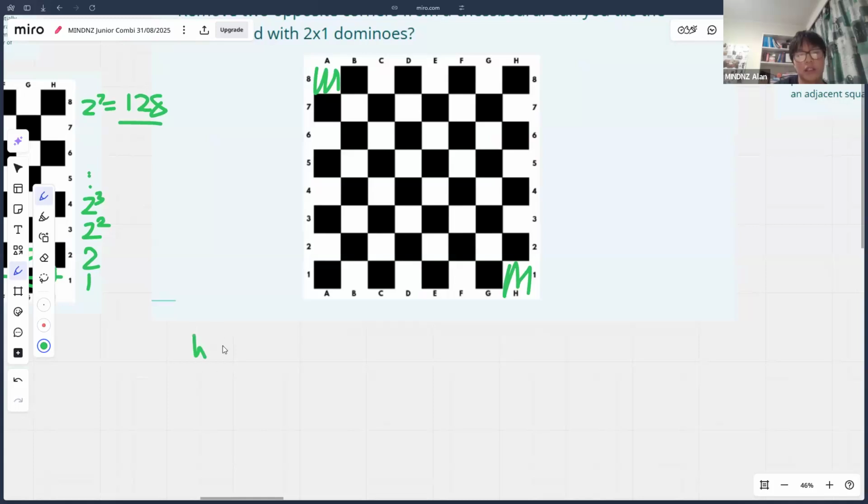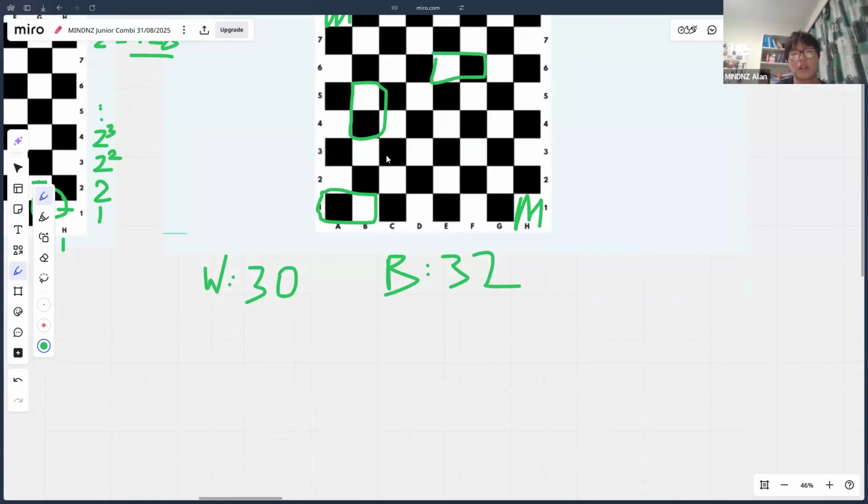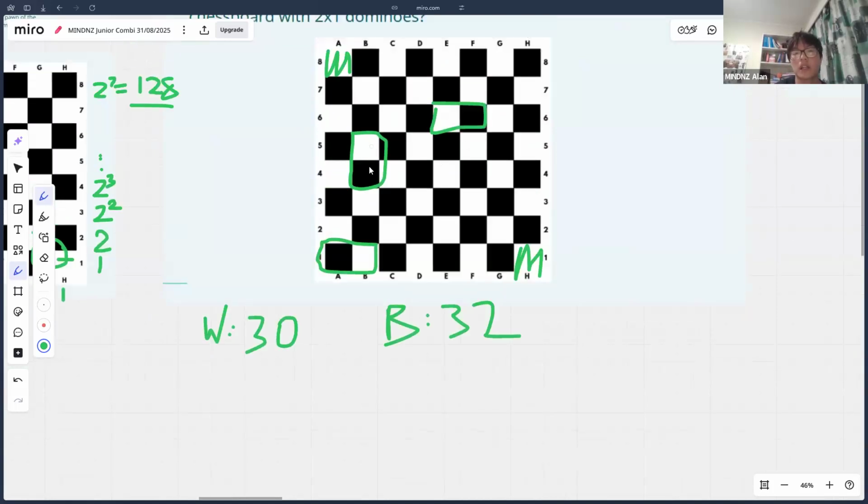So the number of whites is now 30. And the number of black squares is still 32. Now we can play around with our dominoes. If we put a domino here, it takes these 2 squares. If we put a domino here, it takes these 2 squares. And then we realize that each domino that we put down must occupy 1 white and 1 black square, because it can't take 2 black squares, since they'll look like something like this, right?